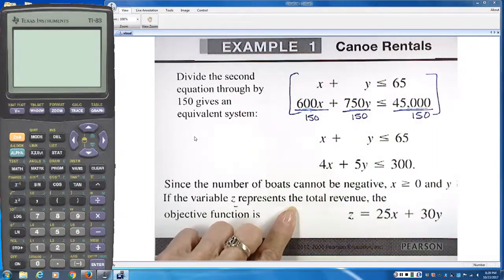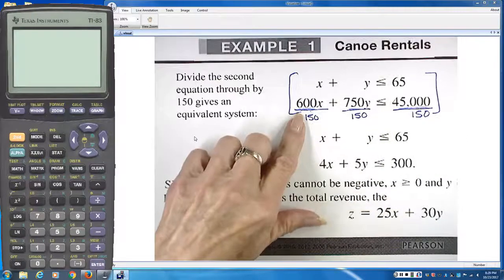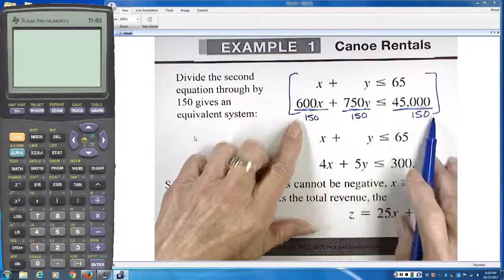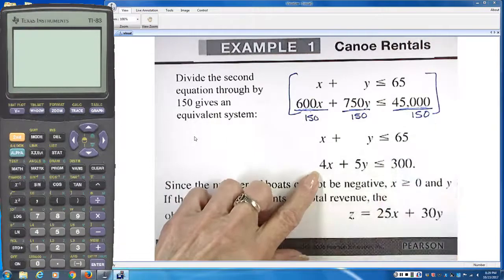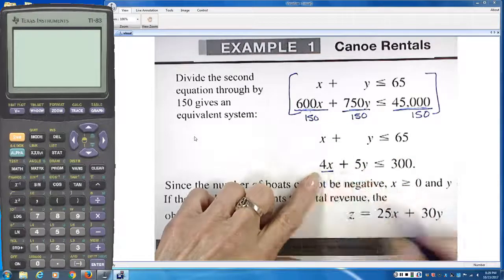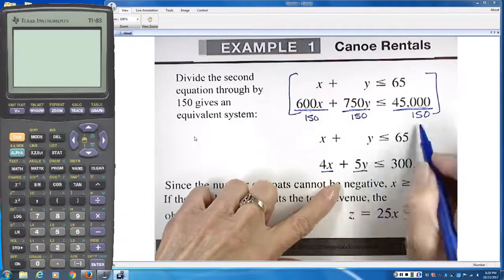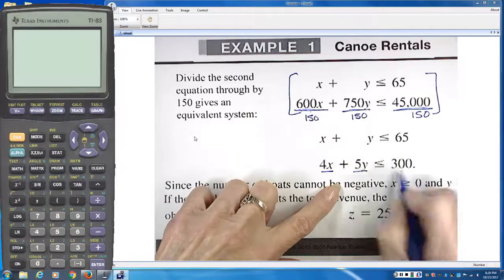And as long as you divide everything by the same number, you keep the same solutions to the equation. That's what we learned in chapter 2. So by dividing all of those by 150, we come up with easier things to graph. So 150 into 600 gives us 4x, 150 into 750 gives us 5y, and 150 into 45,000 gives us 300.